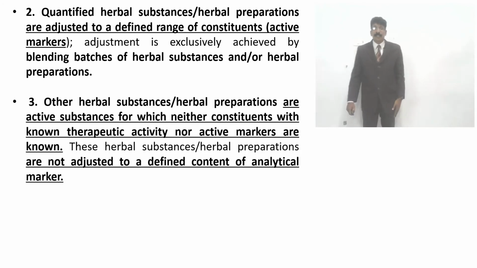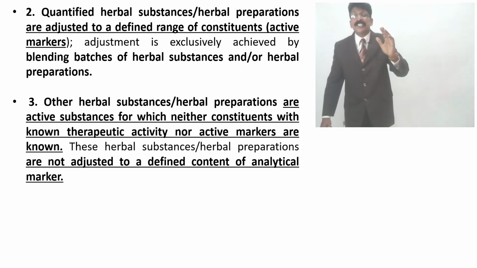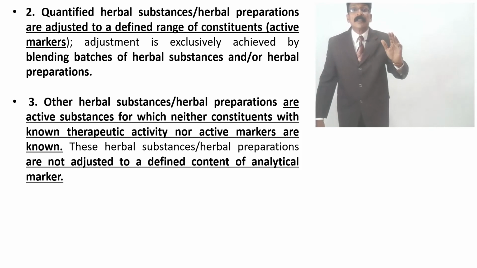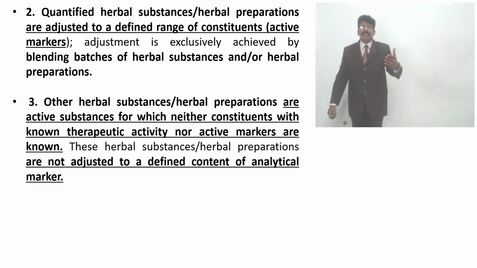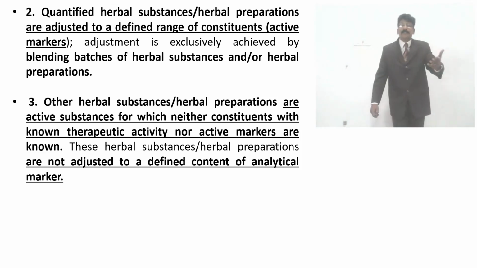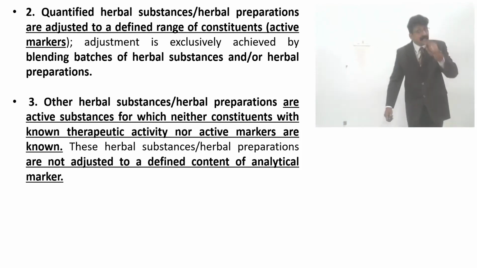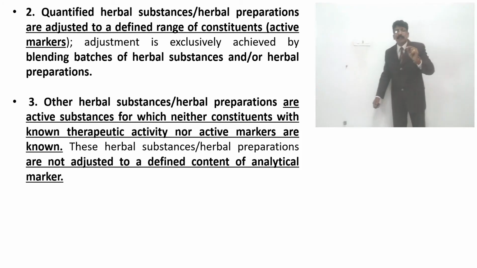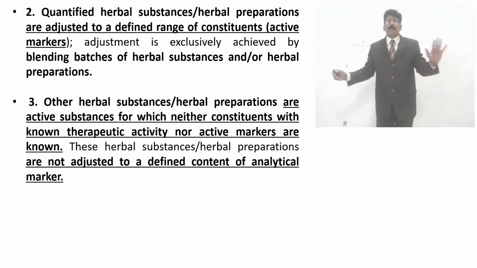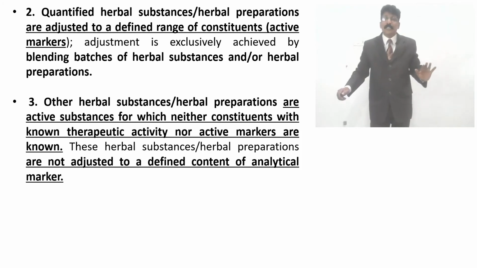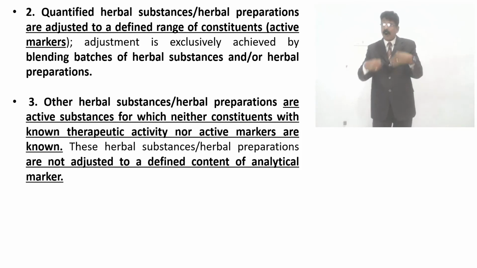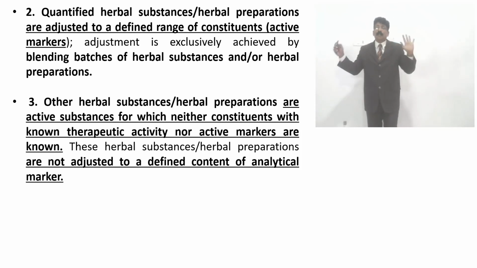Number 3, the third category which they made for the guidelines, other herbal substance. What are these other herbal substances? That is, herbal preparations that are active substances for which neither constituents with known therapeutic activity nor active markers are known.